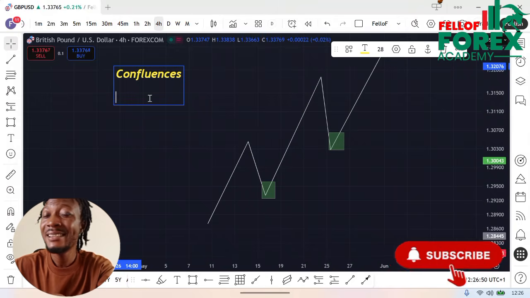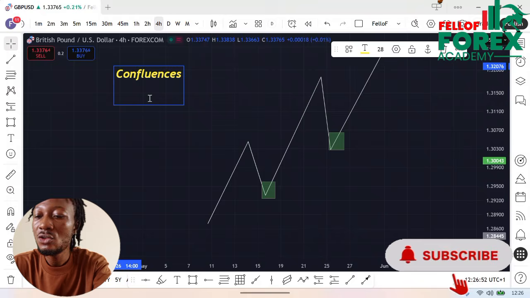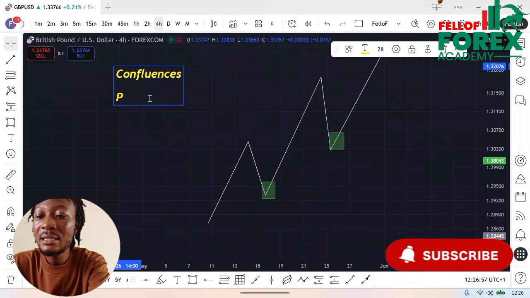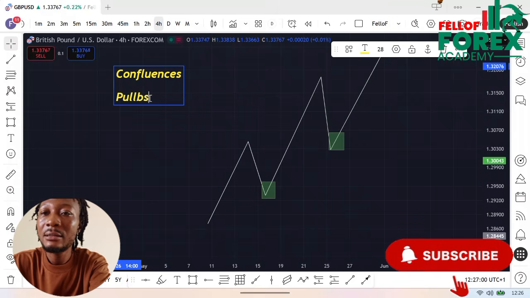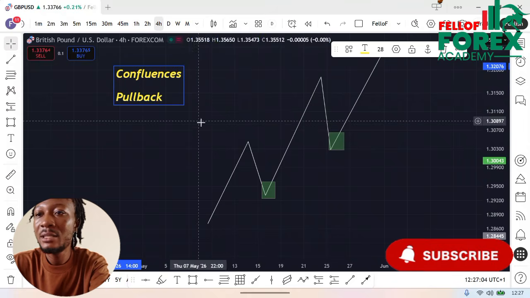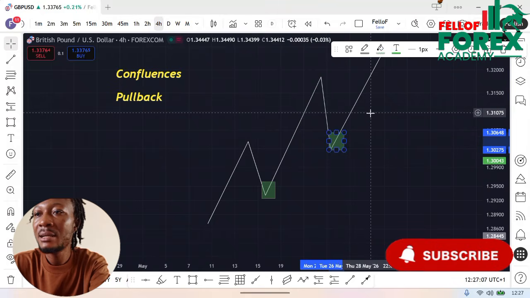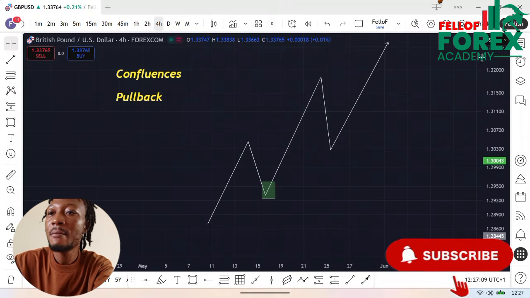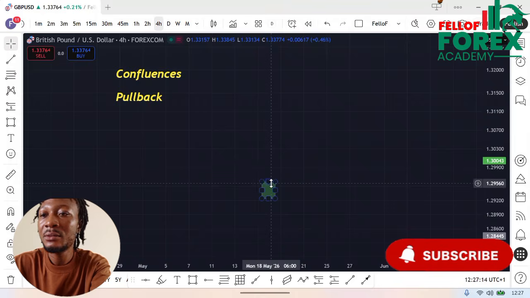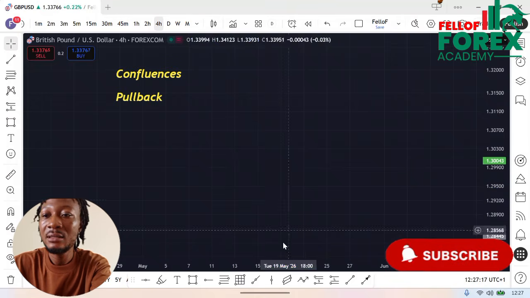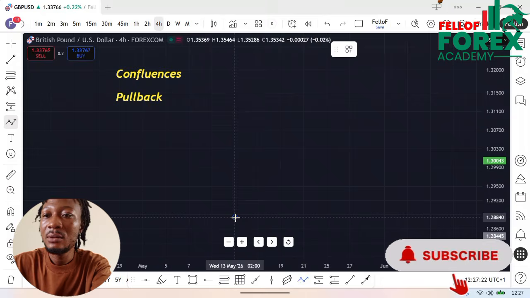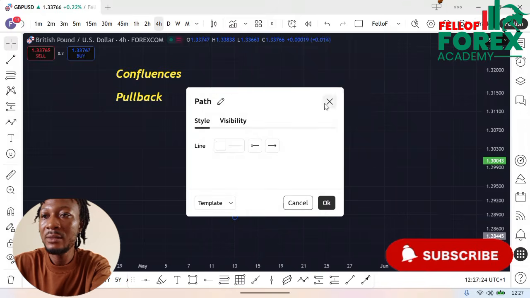The first thing you should see before you take any action is a pullback. Once you see a pullback, what is a pullback? I'll use this example to guide you, the uptrend scenario. So this will be our first confluence.